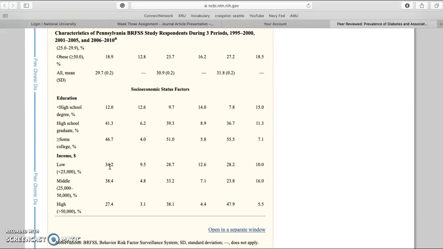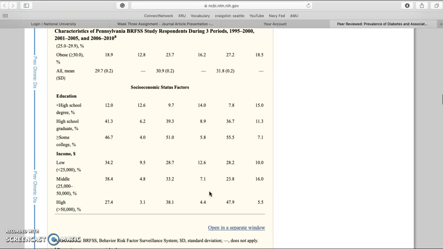Another prevalence of diabetes that showed as the first two periods were a high risk for low annual income, which is right here, low annual income. The first two periods were starting to come down this way. The last period was higher in more of the middle wage income bracket.